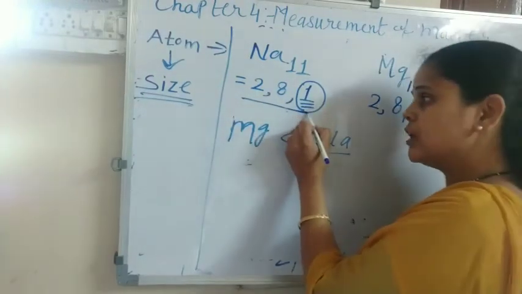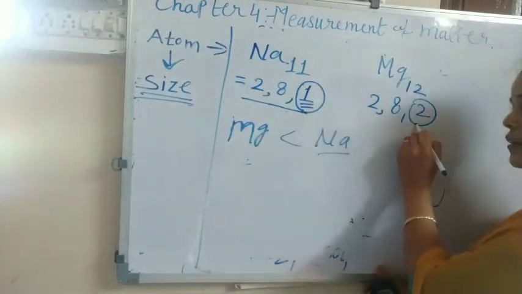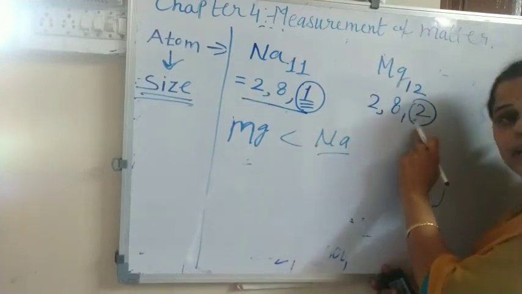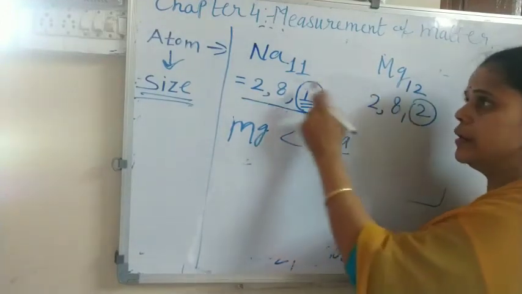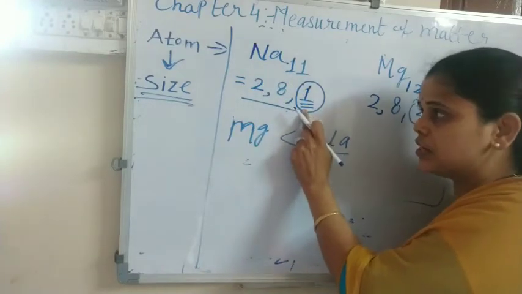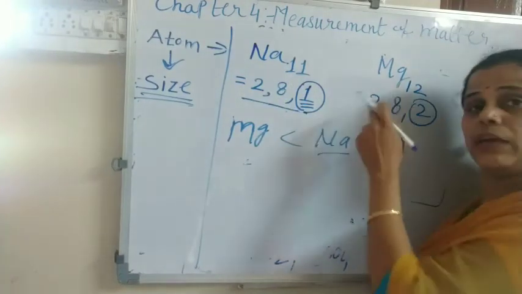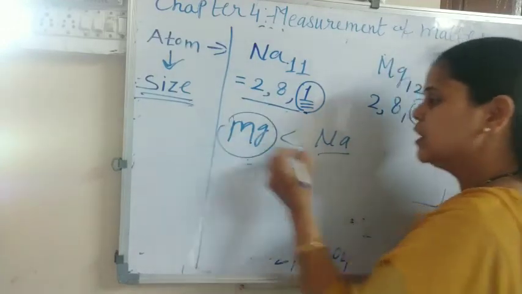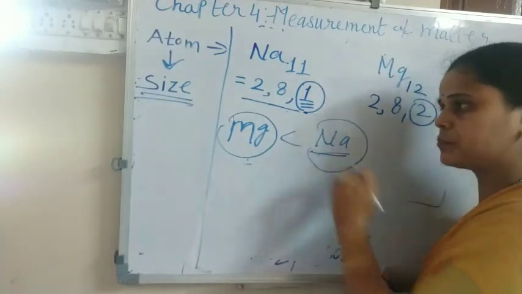If the electrons in the outermost shell are greater, like in the magnesium atom the number of electrons in the outermost shell is 2, but here the number of electrons in the outermost shell is 1. So in that case, magnesium is smaller than sodium.